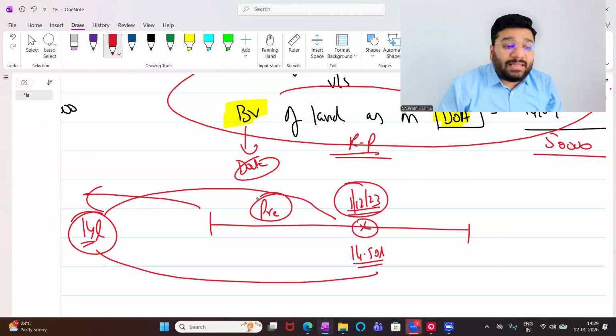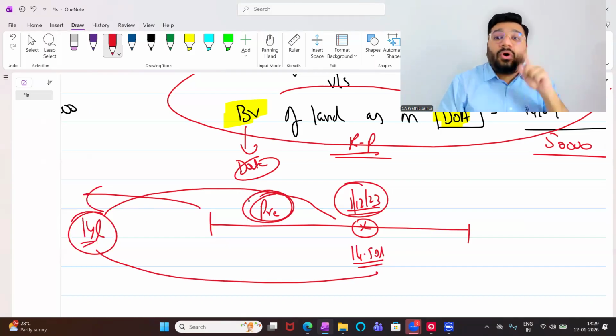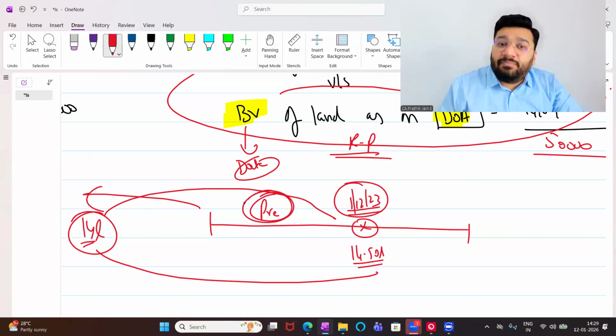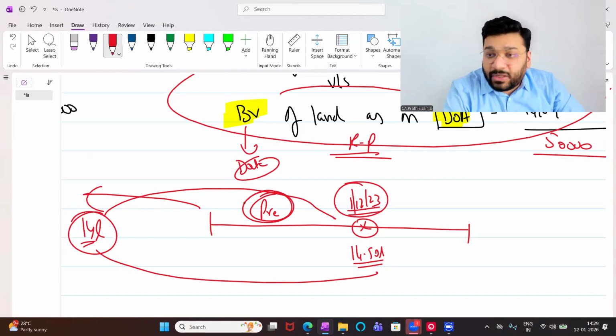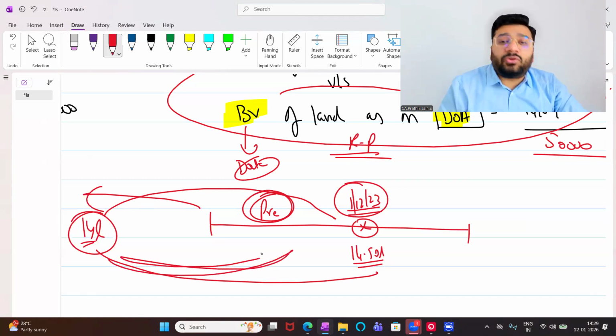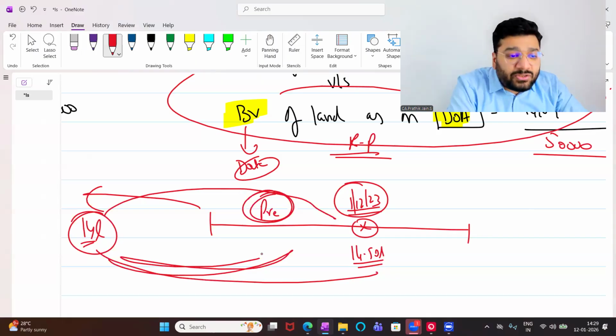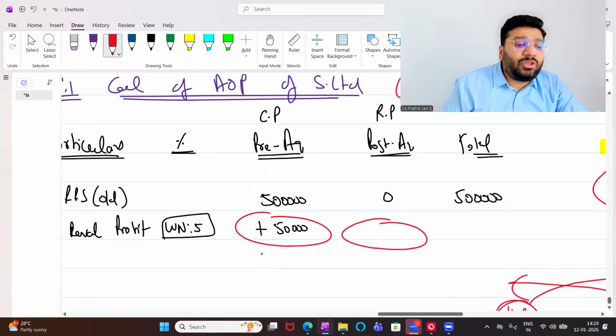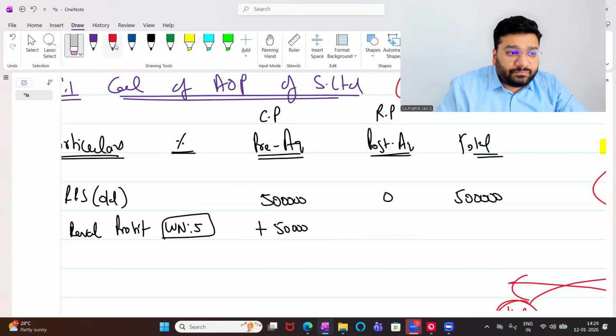That waiting period is nothing but the pre-acquisition period. So a revaluation profit or loss will always be added to or subtracted from the pre-acquisition profit. Don't learn by heart, understand the logic. Since the growth or degrowth of the asset happened during the pre-period, the corresponding profit and loss also belong to the pre-period. Hence we add this to the pre-period and not to the post-period. Is the logic clear?